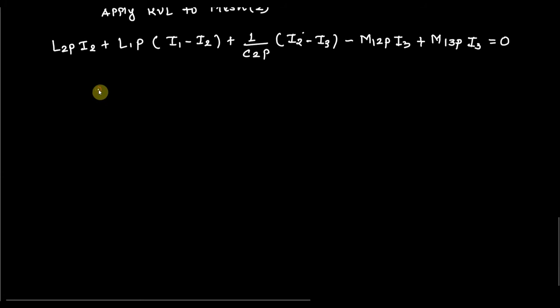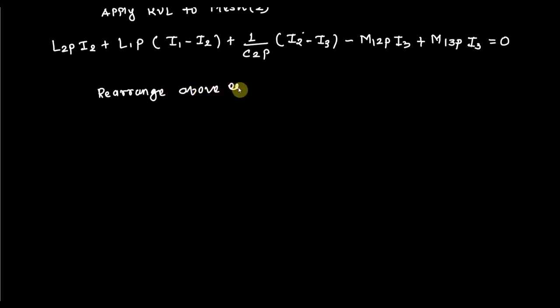Okay. And now what we will do, we will rearrange the above equation. After rearranging, you have to collect the I1, I2, I3 terms, so that we can easily write in terms of matrices.